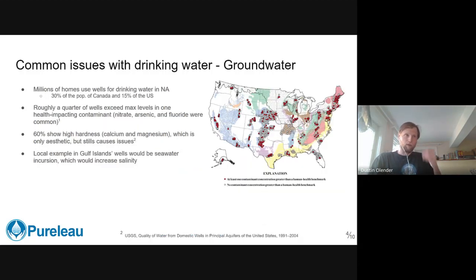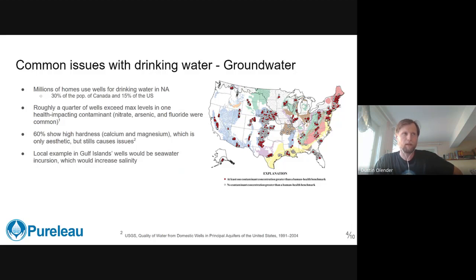If you don't live in a city, you might get water from a well. And that turns out to be a lot of people. Millions of homes, 30% of the population of Canada and 15% of the US. Quoting from an older study, but I think one that's still relevant, done in the US, roughly a quarter of wells exceed max levels in one health impacting contaminant.